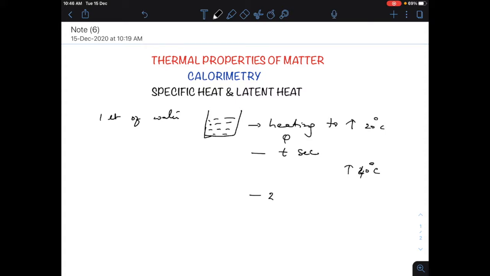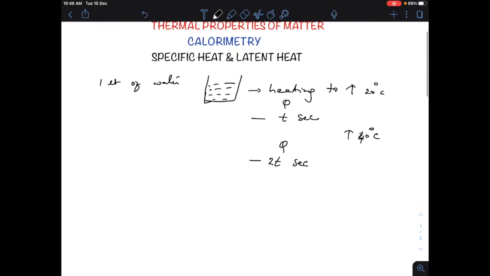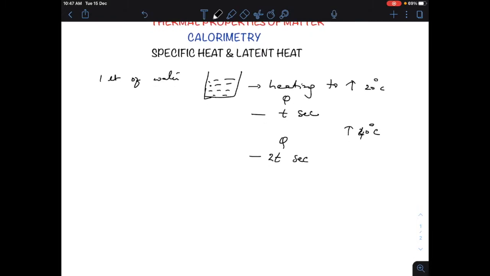Then, as you know, the time taken is twice the time taken to raise it to 20 degrees centigrade with the same amount of heat supplied. Which means for double the rise in temperature, you need 2Q, that is twice the heat, to raise it in the same t seconds.